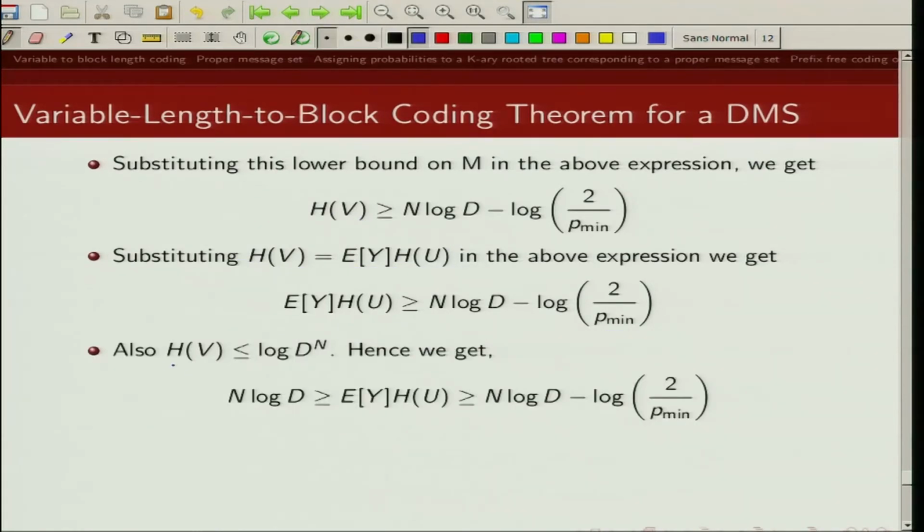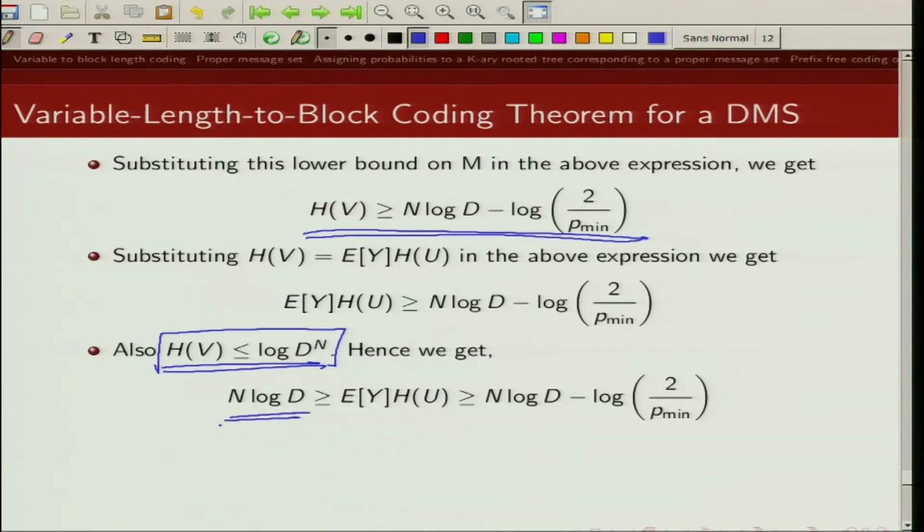I also know that the uncertainty in V is less than the number of possibilities of V, which at most can be D raised to power n. So the uncertainty in V is upper bounded by log of D to the power n. So here I get a lower bound, and from here I get an upper bound. So I put this upper bound here, and this lower bound I am putting here.